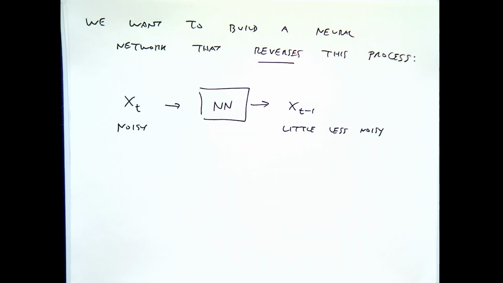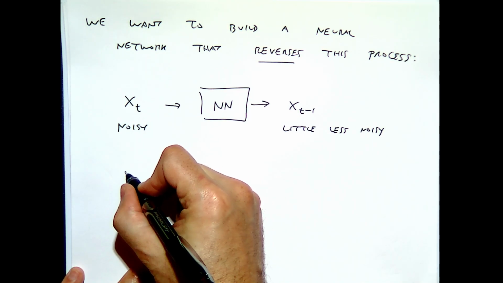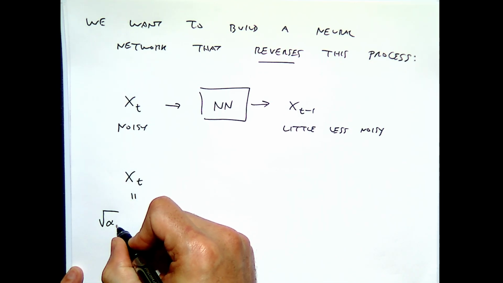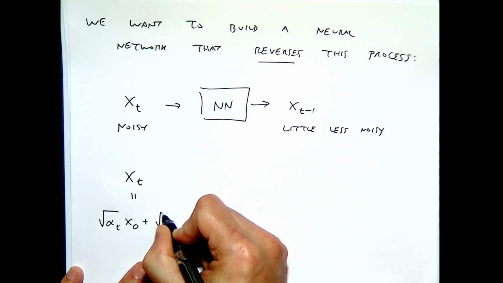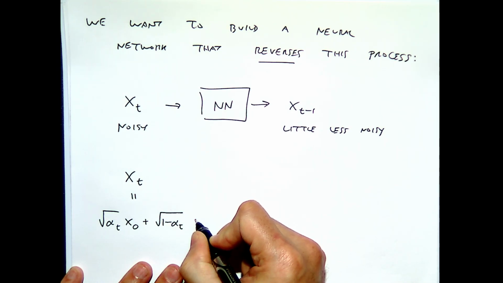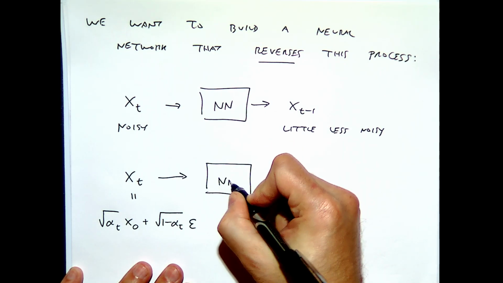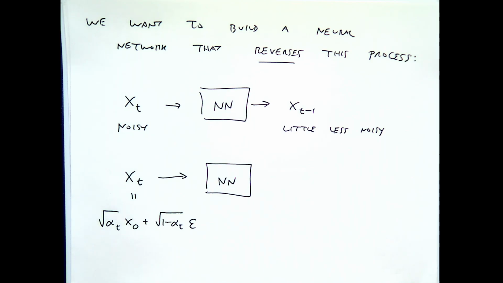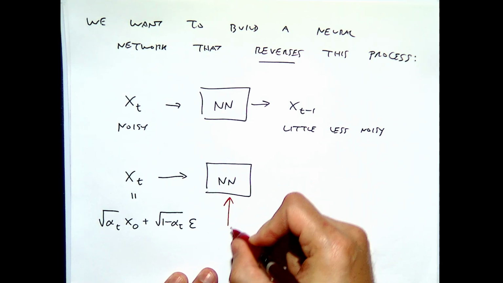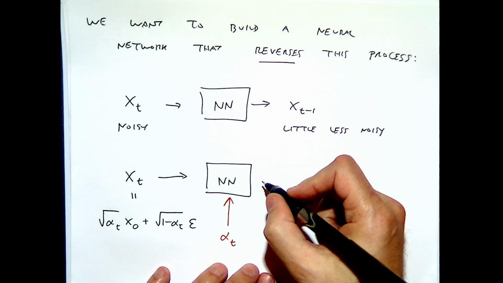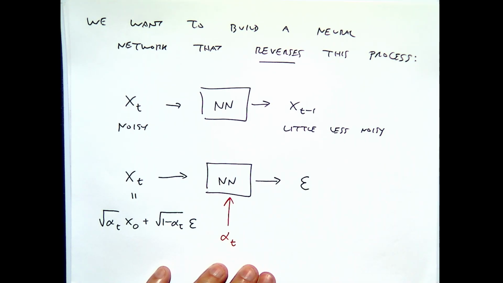Okay? Or a slightly different way of thinking about this, which is actually what happens under the hood, is that I could think about this x of t, which we know is a contribution of an original image and a noise image, right? I could build a neural network that, if I knew where I was in the process, if I knew what proportion of noise there was, then I could estimate the corresponding noise, right?